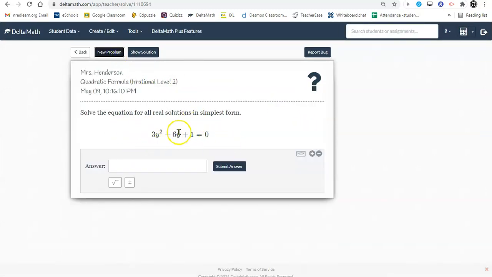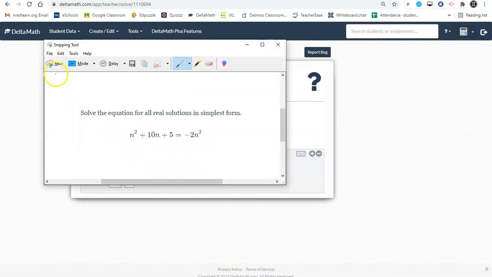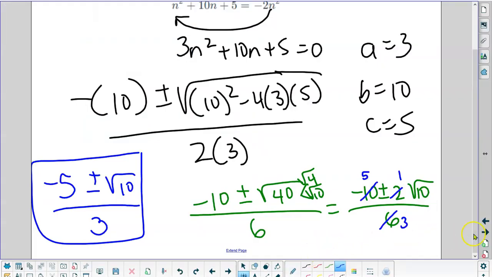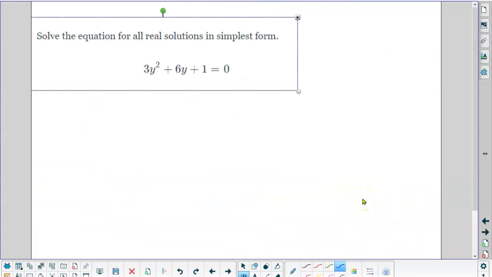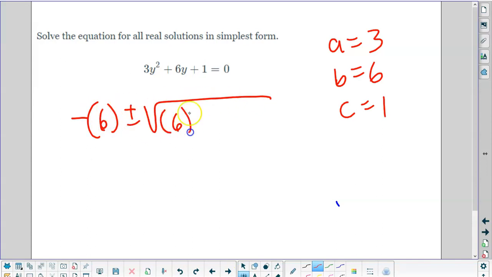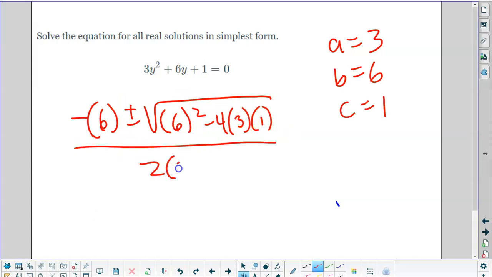All right, let's try it one more time. So you have your standard form equation here. A is 3, B is 6, C is 1. Should we take a real quick screenshot and give this a try? So this time I have A is 3, B is 6, C is 1, and negative B plus or minus the square root of B squared minus 4AC all over 2A.